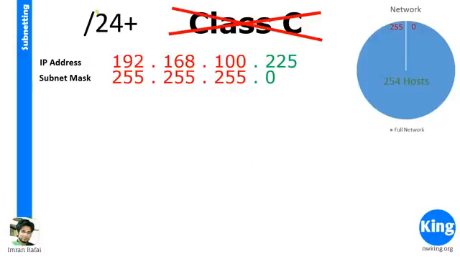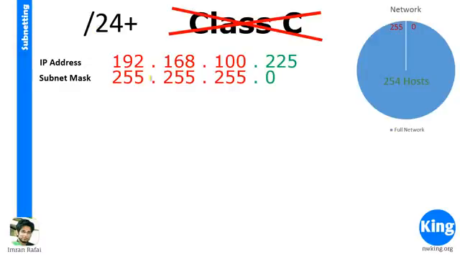Whenever you use slash notation, it is CIDR notation, and CIDR stands for classless interdomain routing. Once you start doing subnetting, you take the whole concept of classful addresses and throw it out of the window. So from now onwards, we are going to deal with classless IP addresses.